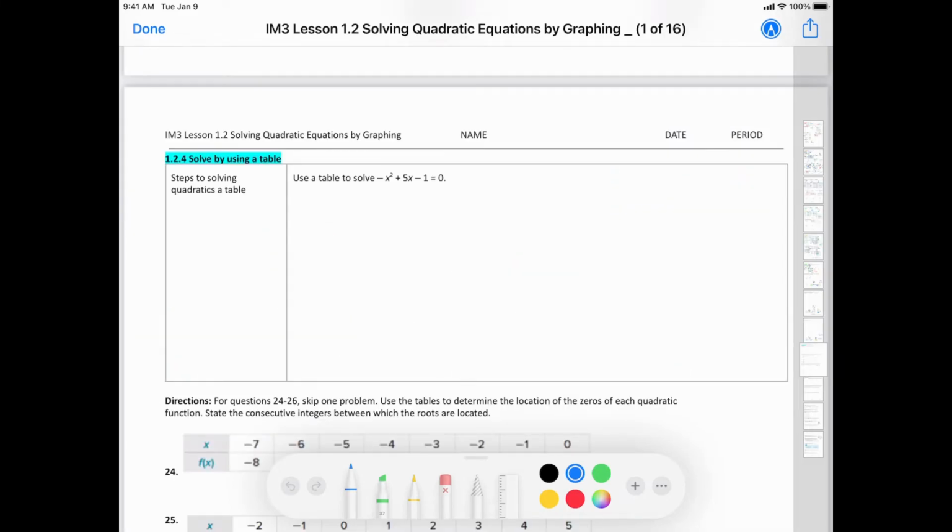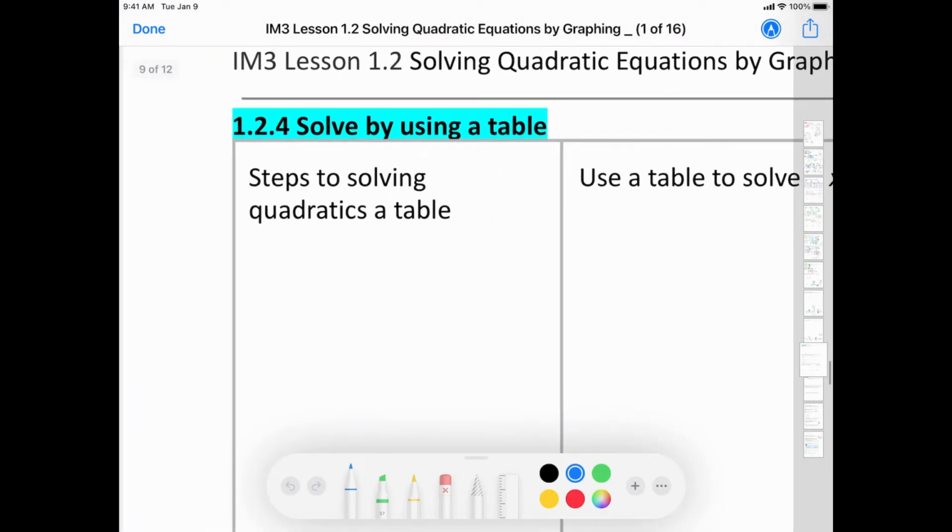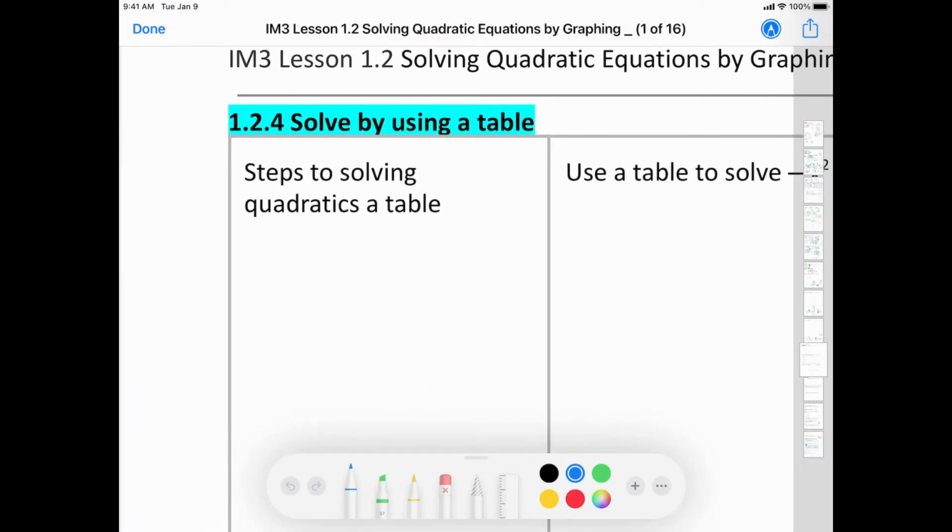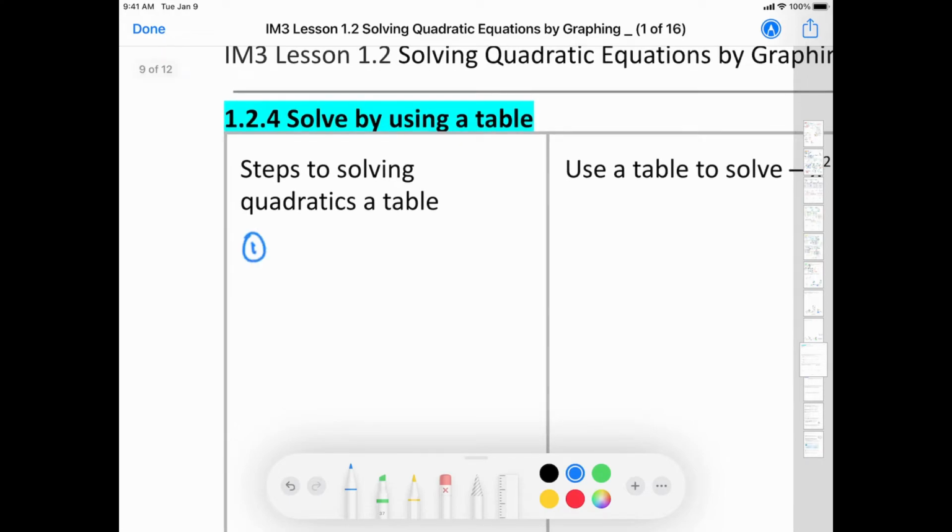All right, let's go over 1.24, solving quadratic graphs by using a table. Steps to solving quadratics using a table. I'm using an iPad, so I have this app called Graph and Calc 83.